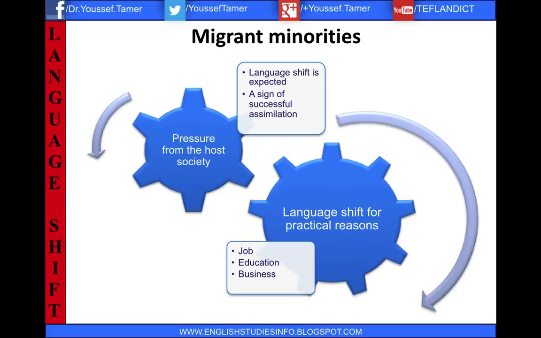These are the main reasons through which the pressure of the whole society is imposed onto the immigrant minorities, and via the generations we have a resulting language shift. So this is the first scenario.